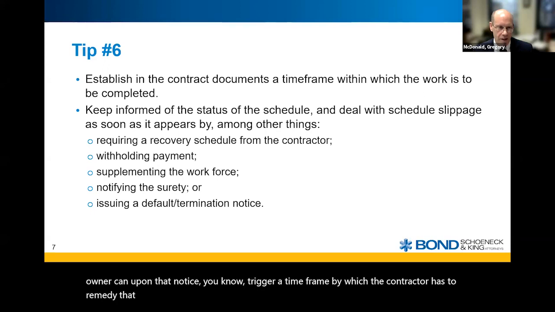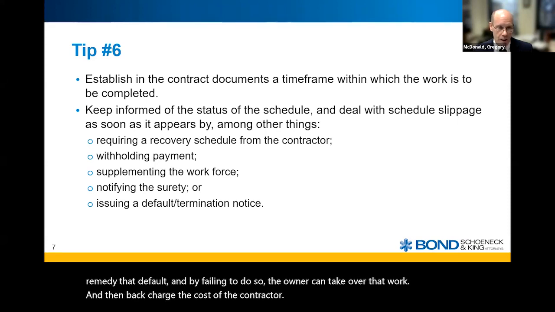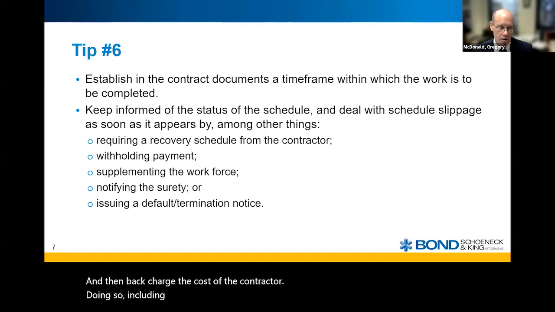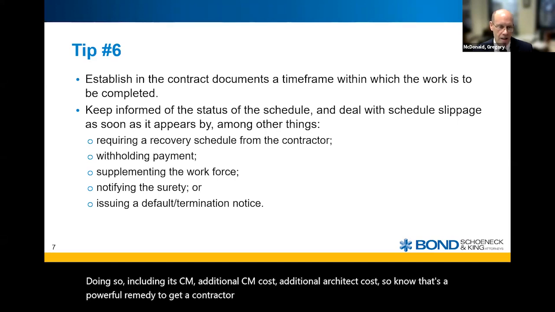And by failing to do so, the owner can take over that work and then back charge the cost to the contractor for doing so, including its additional CM costs, additional architect costs. So that's a powerful remedy to get a contractor moving, and if not, it affords the owner an opportunity to keep the project on schedule and complete that work.